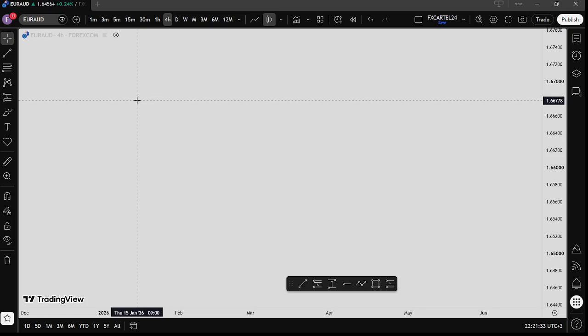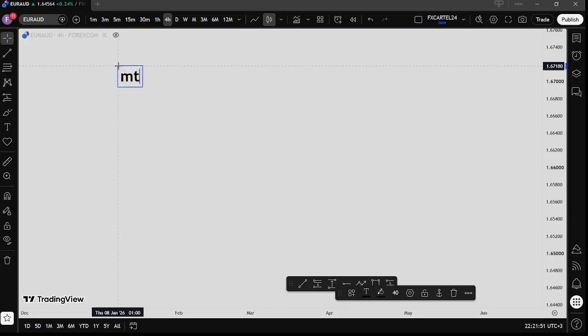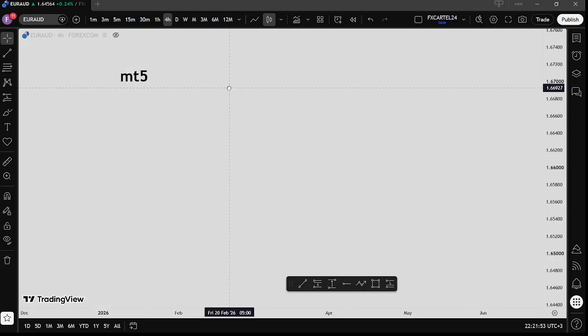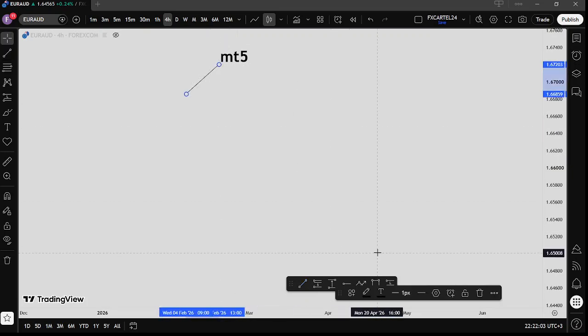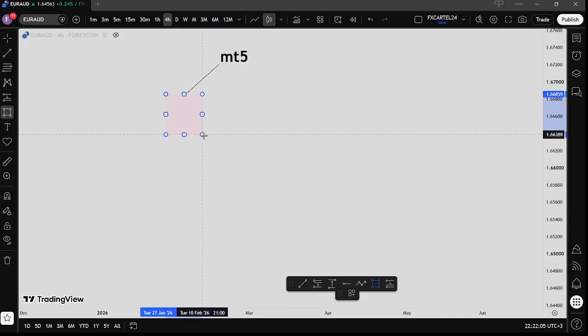Before going deep into MT5, we are first going to understand brokerage.